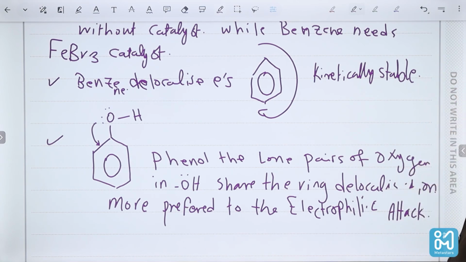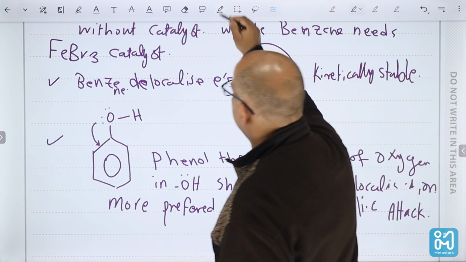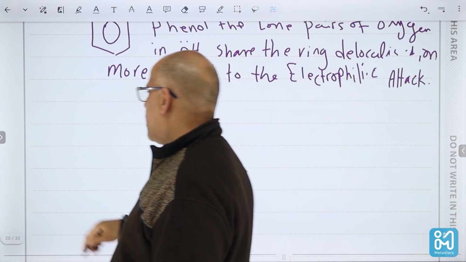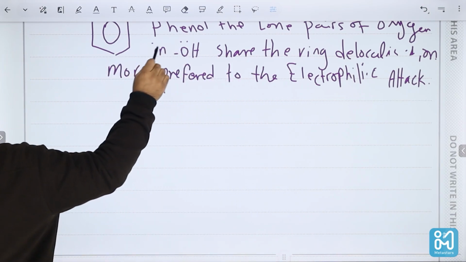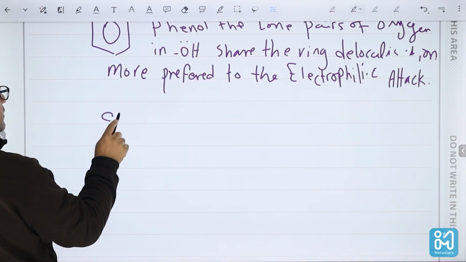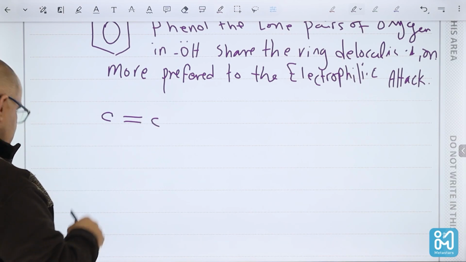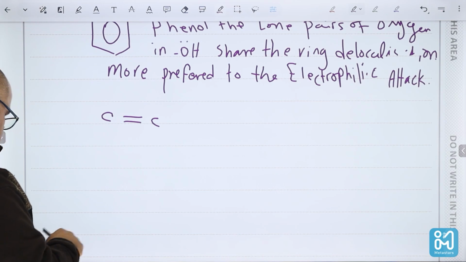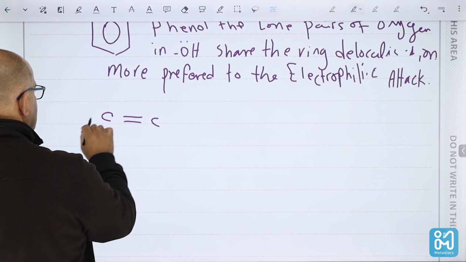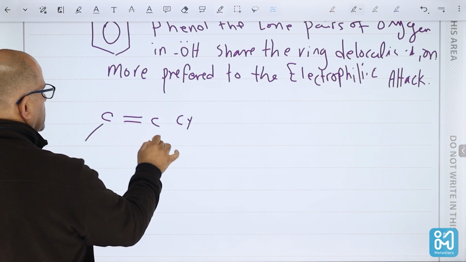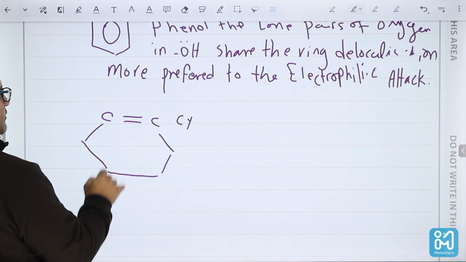Okay. And another thing, why it's kinetically stable: for the carbon-carbon double bond in cyclohexene, you are talking about this structure.